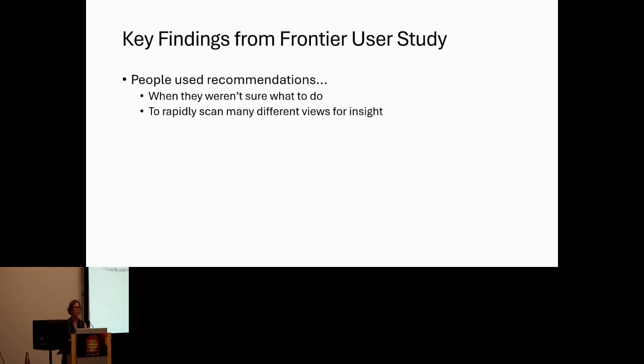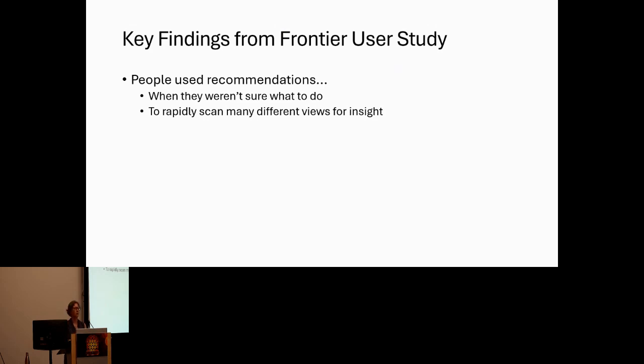When we did a user study with this tool, we found that people used recommendations for a couple of different purposes. The first was when they were just stuck. They didn't know what they might do next, so they would explore the recommendations. The second was to rapidly explore the data much quicker than they could have by randomly poking around.